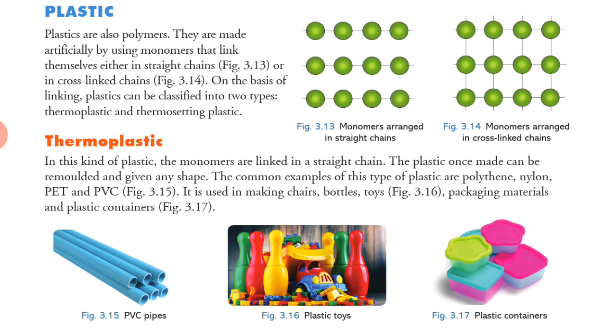In figure 3.15, PVC pipes are shown. It is used in making chairs, bottles, toys. In figure 3.16, you can see plastic toys, packaging materials, plastic containers and boxes.